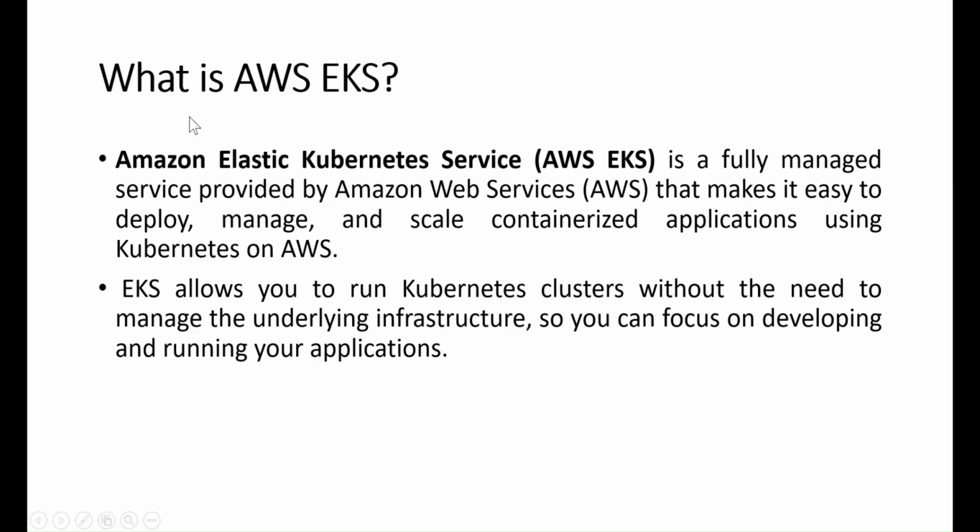Now let's see what AWS EKS means. EKS stands for Elastic Kubernetes Service. AWS EKS is a fully managed service provided by AWS that makes it easy to deploy, manage, and scale containerized applications using Kubernetes on AWS.